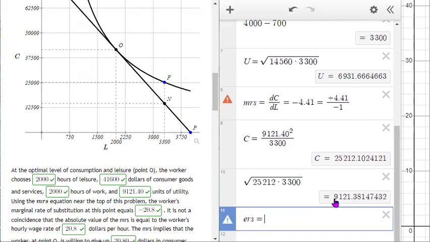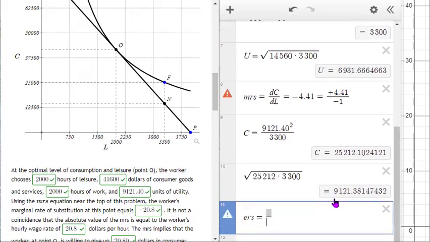So the run is 4,000 minus 3,300, because my leisure at point F is 3,300. I think everybody has 4,000 here, but whatever you have here is going to be the leisure at this final point. Now at 3,300, what's the height?